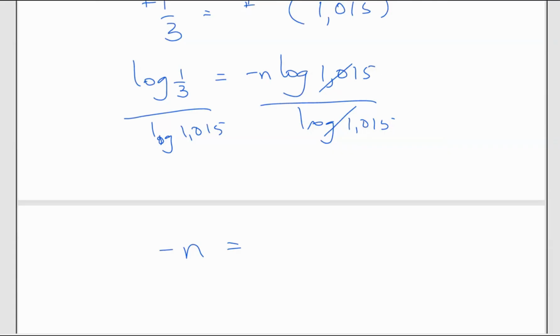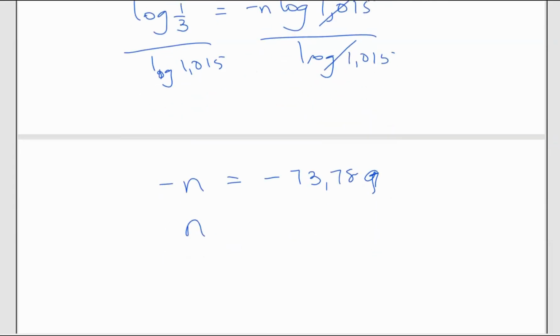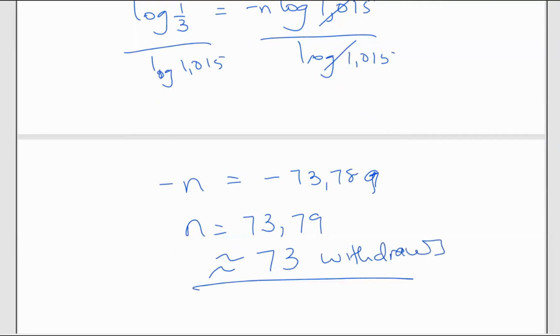This is giving me negative 73.789. When I divide both sides by a negative, n is positive 73.79, which is approximately 73 withdrawals. Okay, that's how much this person is going to be able to get. So that's how I would have approached that question.